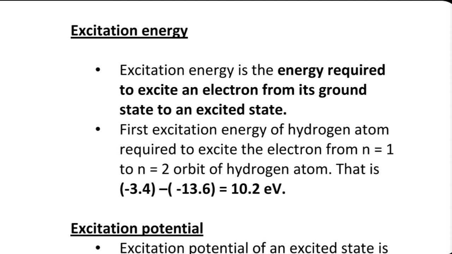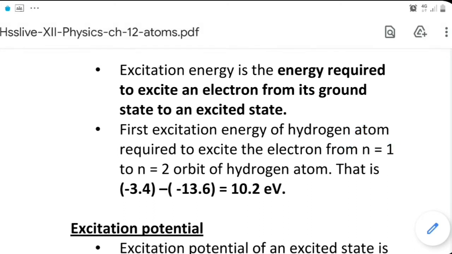In the hydrogen atom, the ground state is the n = 1 level, and the other levels are called excited states. So the energy required to move an electron from the ground state to any of the excited states is called excitation energy. The first excitation energy of the hydrogen atom is the energy required to excite the electron from n = 1 to n = 2. That is the energy required.